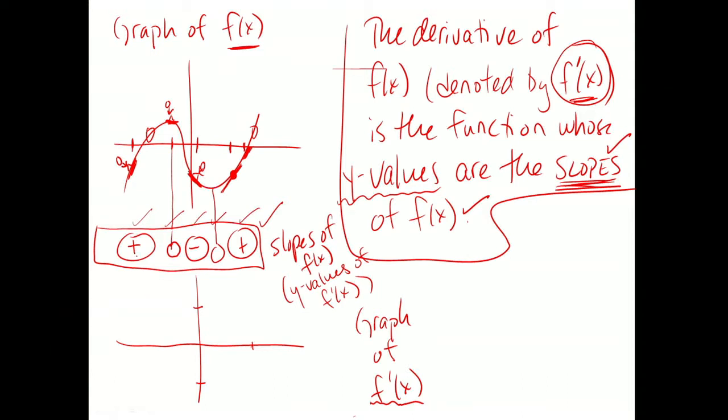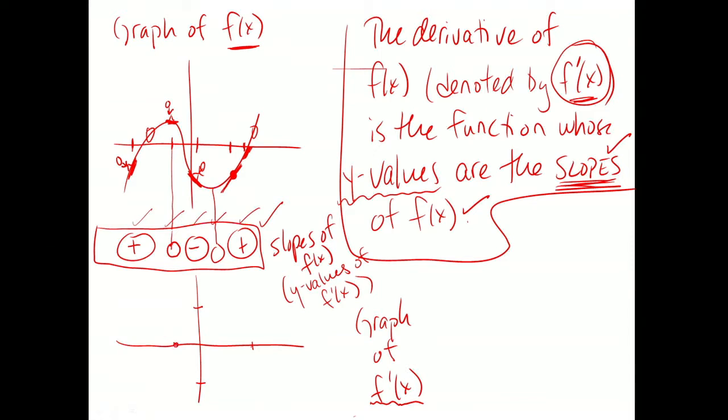So I'm going to do it now, right? Down here I'm saying I need y values that are positive, then 0, then negative, then 0, then positive. The zeros are the easiest ones to put on first, so maybe I'll do that first. So this 0 right here means the slope is 0. We said our little guy up here is flat. So the slope is 0, but that also means that down in my picture of the derivative, I must have a y value of 0.